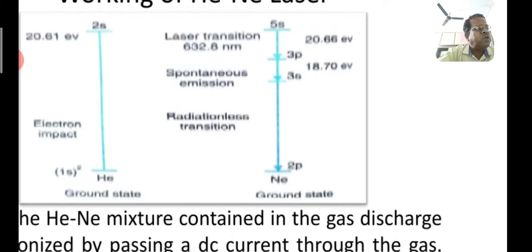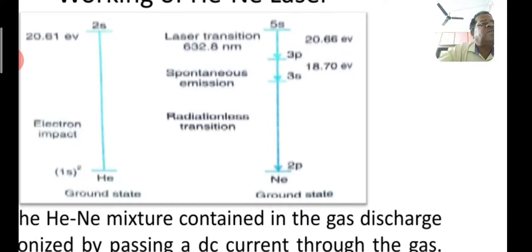One photon causing stimulated emission in one atom produces two identical photons traveling in the same direction. These two photons cause stimulated emission in two more atoms, producing four identical photons traveling in the same direction. Thus, within a fraction of a second, a large number of identical photons traveling in the same direction are produced.